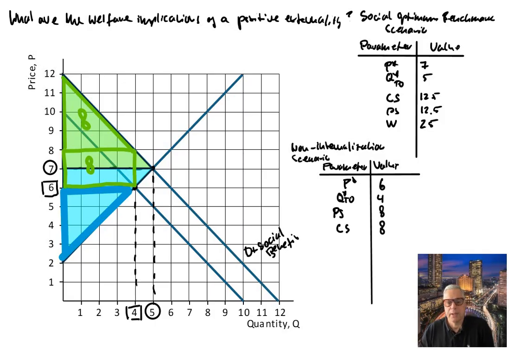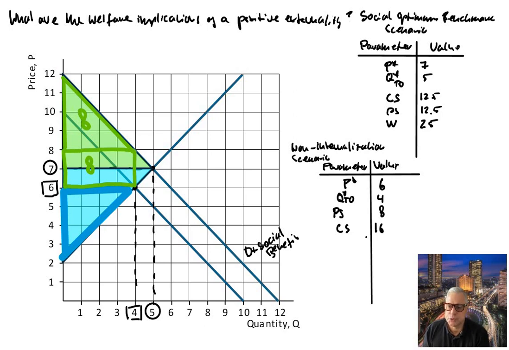But actually, sorry, it's 16. So consumer surplus is 16, and you see it includes all that social benefit here. So consumer surplus, which includes the social benefit of 8.